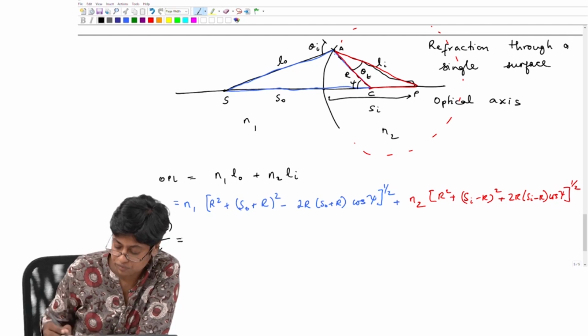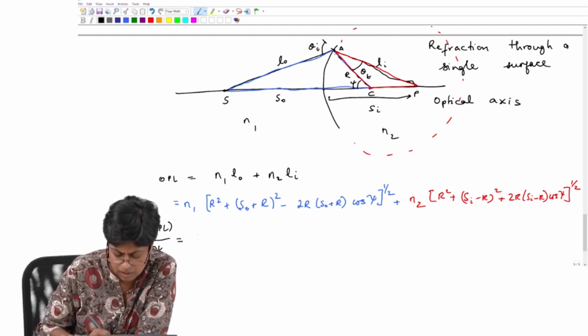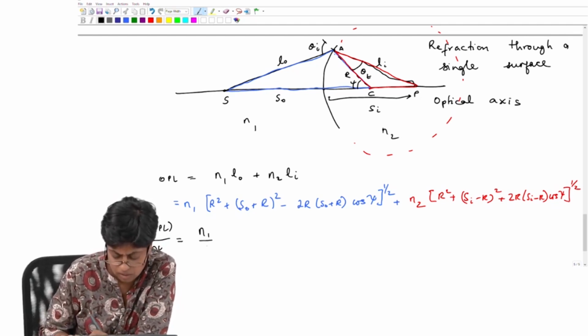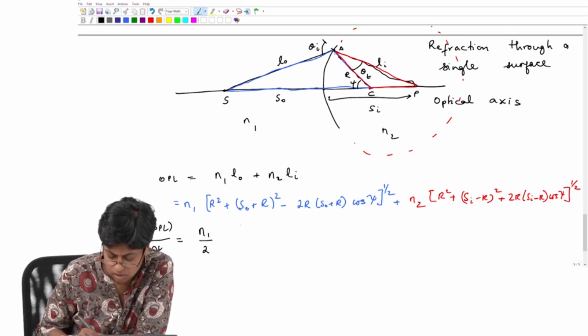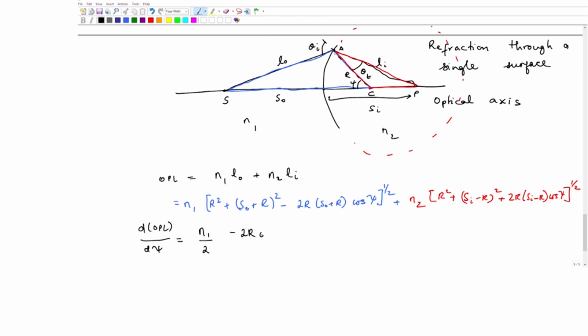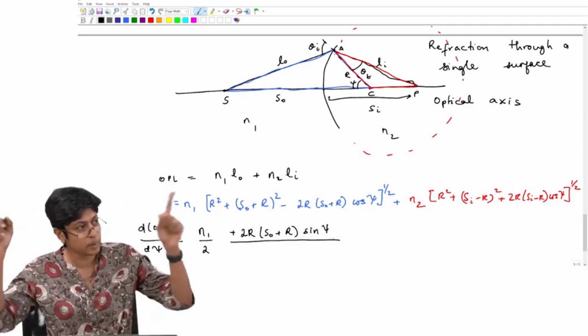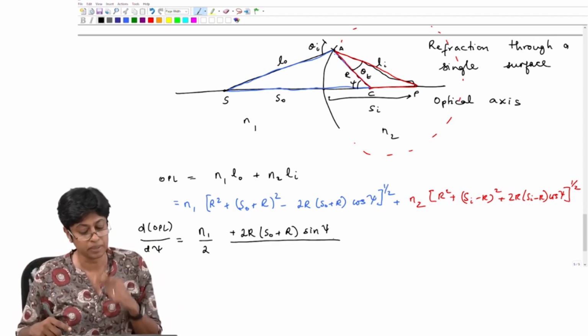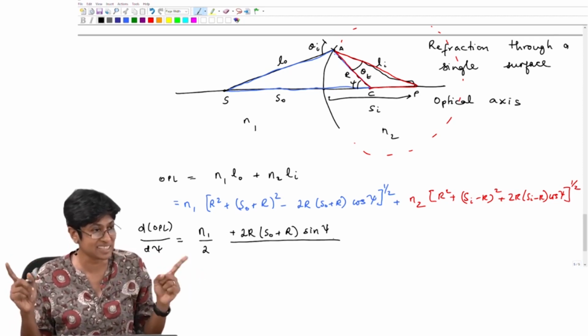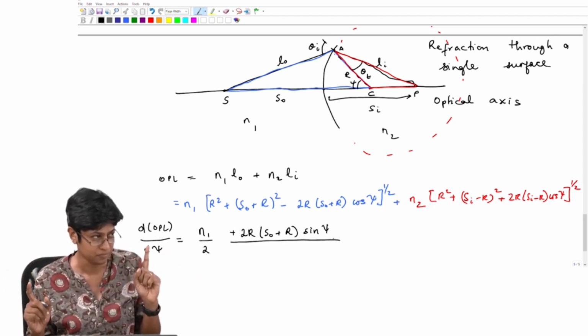Okay. So, if I carry out this differentiation, I am going to have n1 by 2 minus 2r S naught plus r sine, it will be minus sine. So, this is actually a plus. In the denominator, this entire square bracket is going to now go into the denominator. Remember that square bracket was nothing but the distance L naught, right.